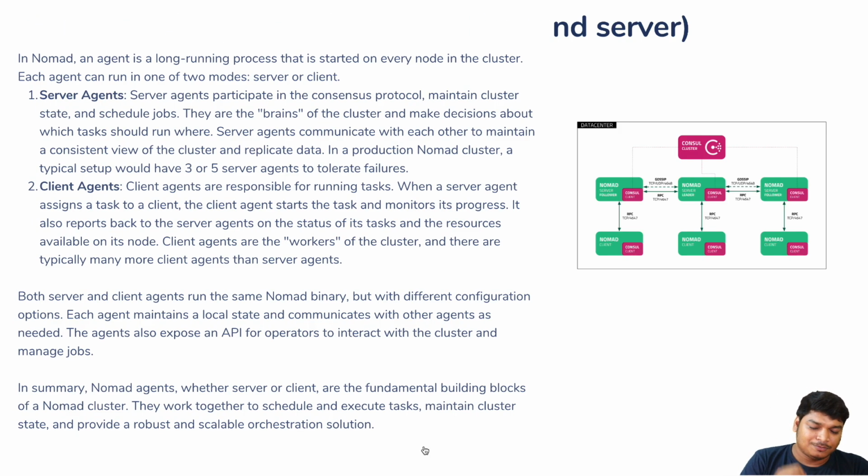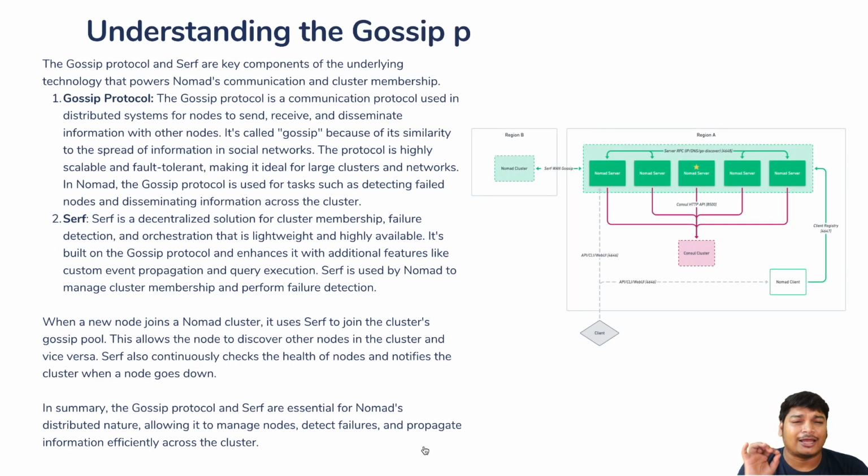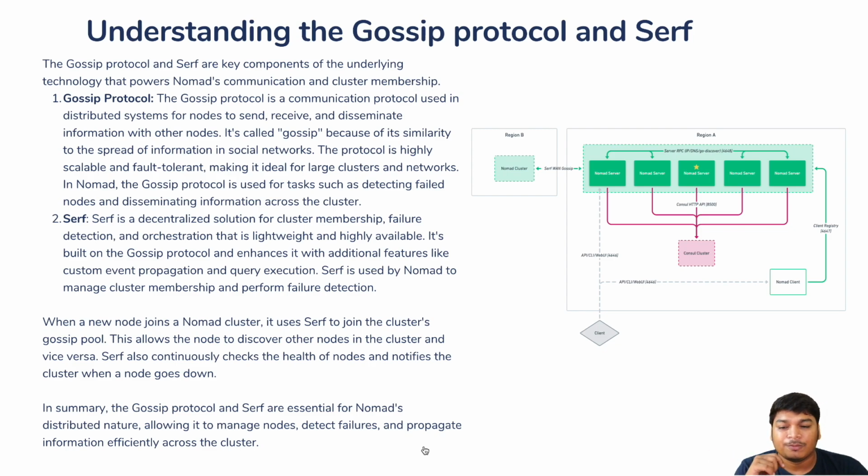Okay, now there are two protocols that I want your attention to. First one is the gossip protocol. Now what is the gossip protocol? So gossip protocol is a communication protocol used in distributed systems for nodes to send, receive and disseminate information with each other, so that one server can communicate with the others. That's the thing.